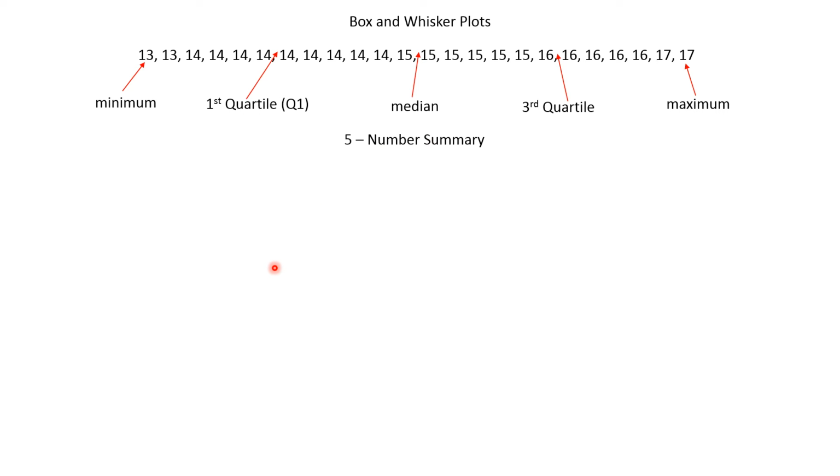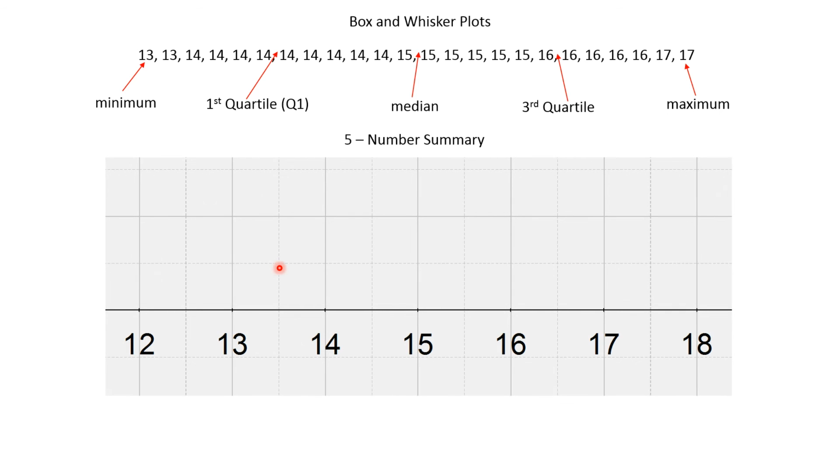The very first thing you need to do in making a box and whisker plot is put down a number line. Graph paper makes it a lot easier, but a number line, because you're going to make it on your number line. One of the biggest, or 2 of the biggest mistakes I see, people will just kind of draw a random box and whisker plot, and then they'll make a number line that matches it, but the number line is all sorts of jacked up.